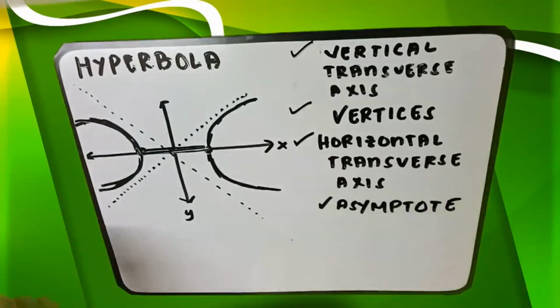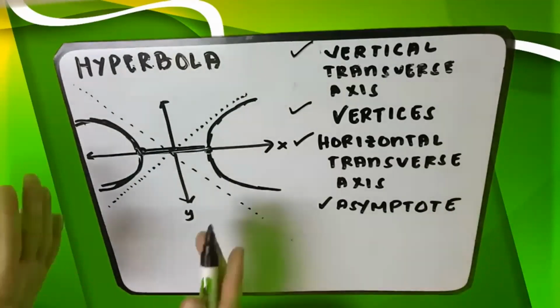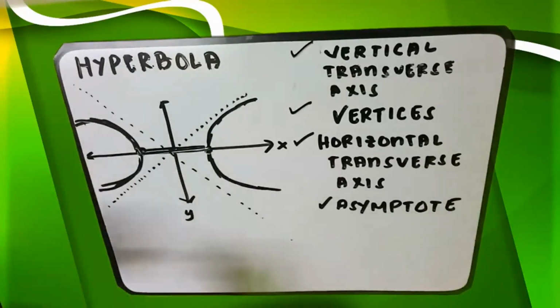So meron tayong equation ng asymptote pero nasa ibang discussion siya. So focus lang muna tayo dito sa parts para malaman natin sa given graph alin ang vertices, asan ang vertical transverse axis or horizontal transverse axis, nasaan ang asymptote, nasaan ang foci, ang conjugate. So yung mga yon.